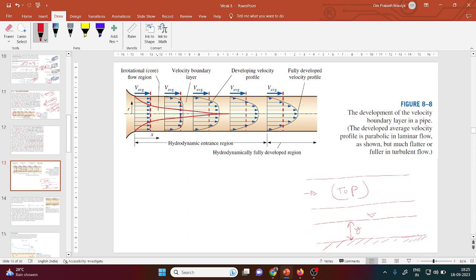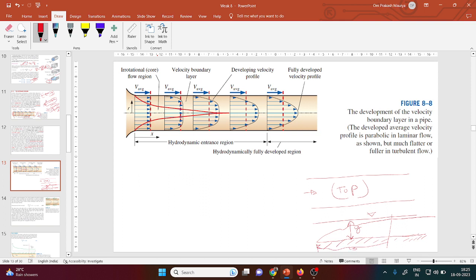So I think you remember the boundary layer theory like that. But after a certain distance, it will be uniform. Up to that, this is the development length LD, and several researchers reported that it will be in the range of 55 to 65 times y.